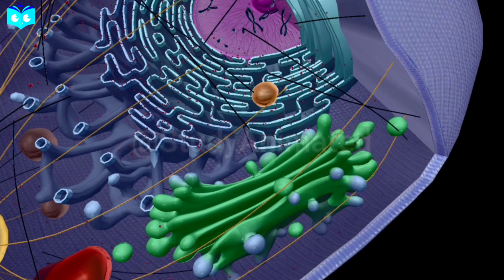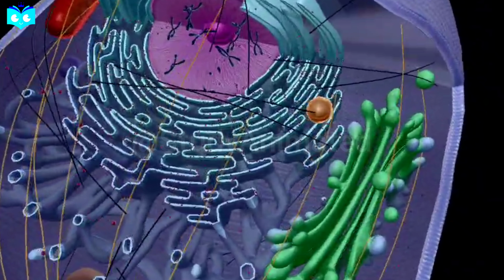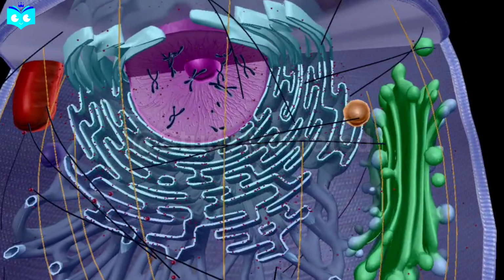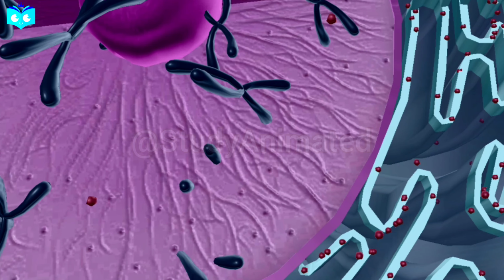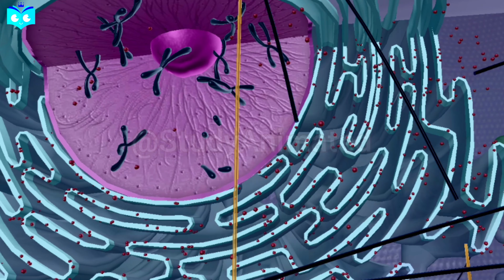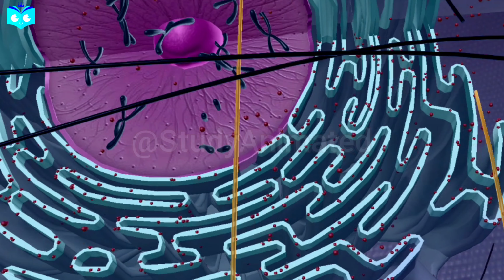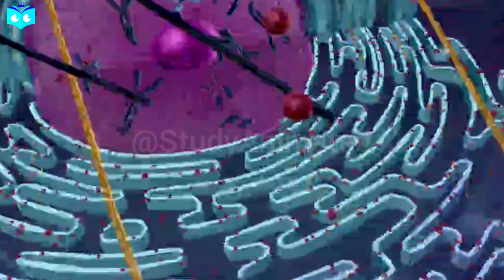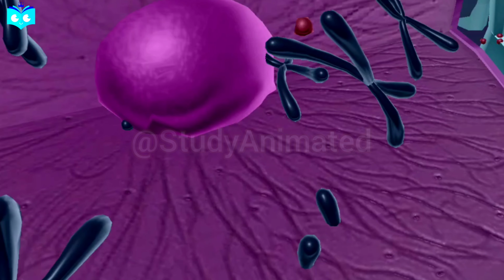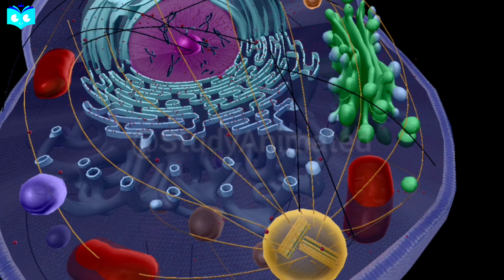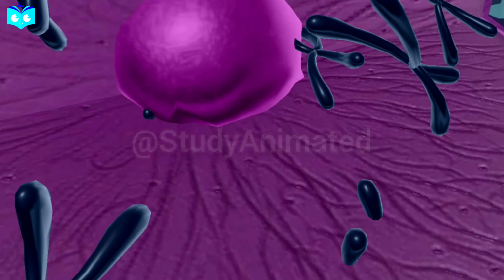This fiber is further organized into the classical 30 nanometer chromatin fiber. It undergoes further folding, looping and supercoiling, producing higher order structures of about 300 nanometers and then about 700 nanometers per chromatid. Finally, two sister chromatids together form the highly condensed metaphase chromosome, about 1400 nanometers wide.